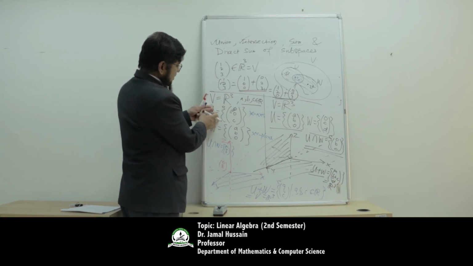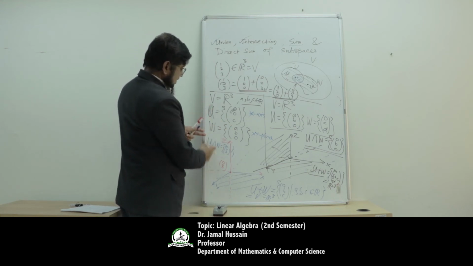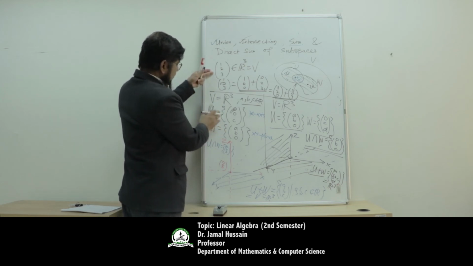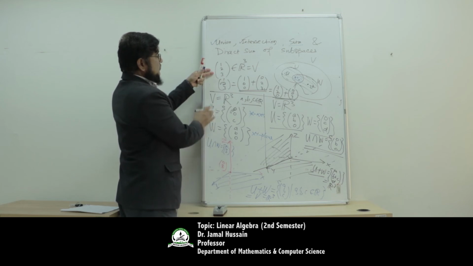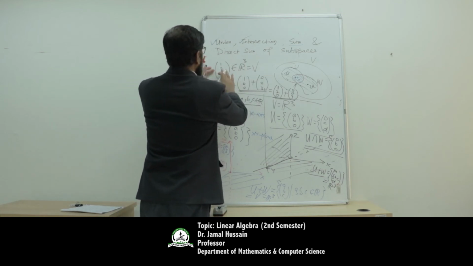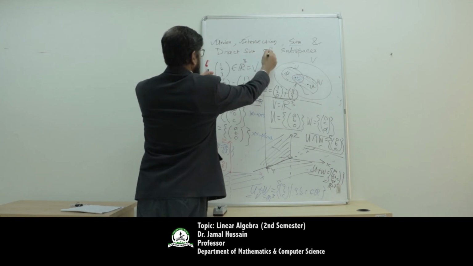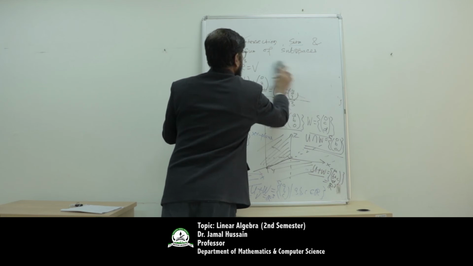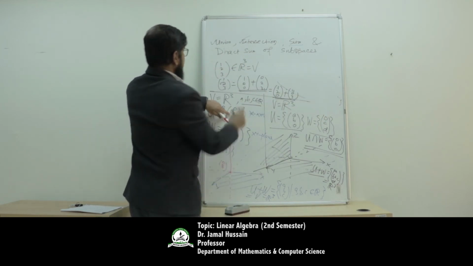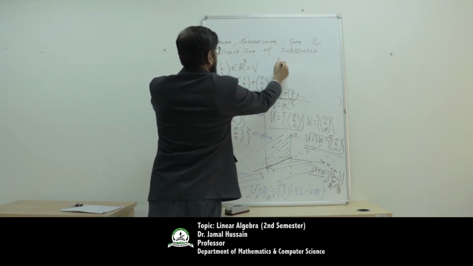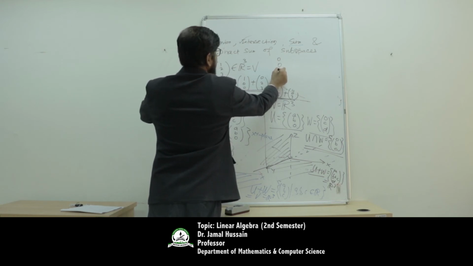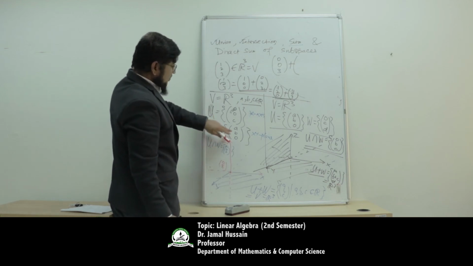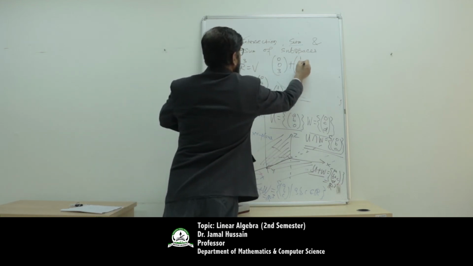If you take any vector in this space, then as sum of these two sets we have to write it uniquely. For example, the same thing if I want to write here in this example, I have to take an element here, and this element I have to write as 3 only, plus, an element from here, I have to write 1, 2, 0.